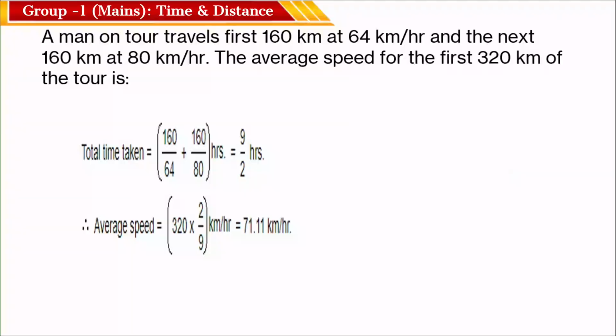Now shifting to the next question. A man on a tour travels the first 160 kilometers at 60 kilometers per hour and the next 160 kilometers at 80 kilometers per hour. What is the average speed for the first 320 kilometers of the tour? So, this is the total distance travelled by him. It is 160 kilometers and the next one is also 160 kilometers.